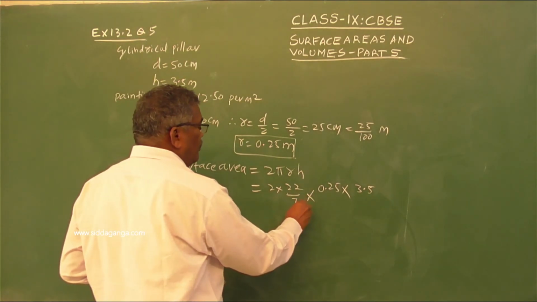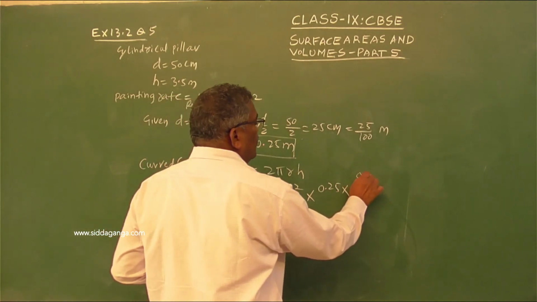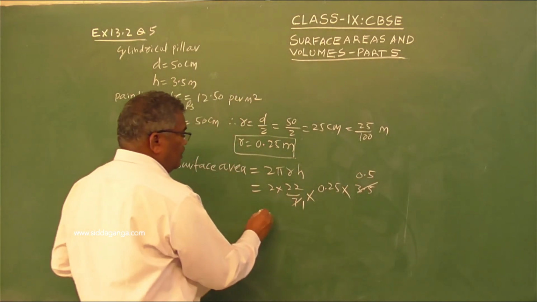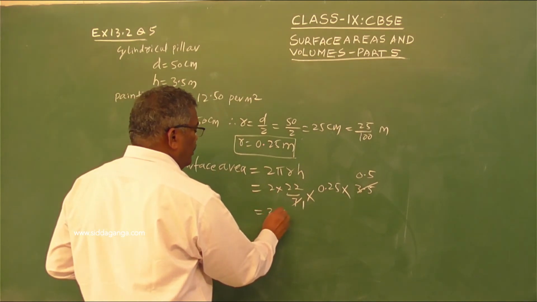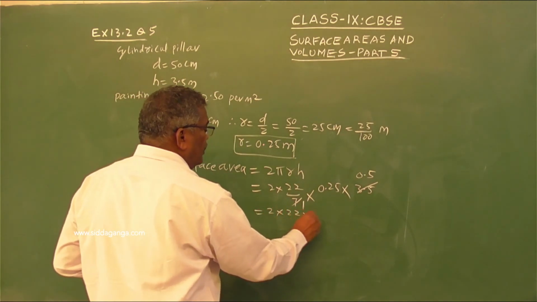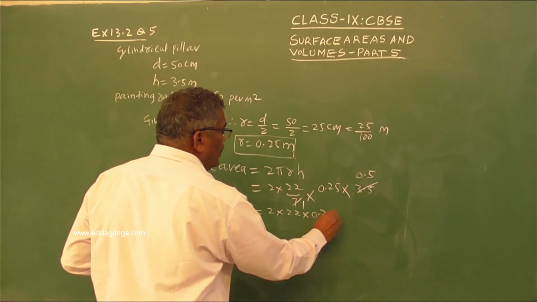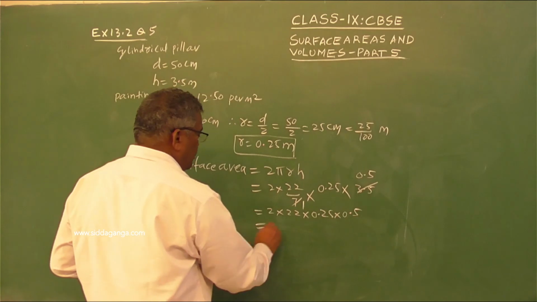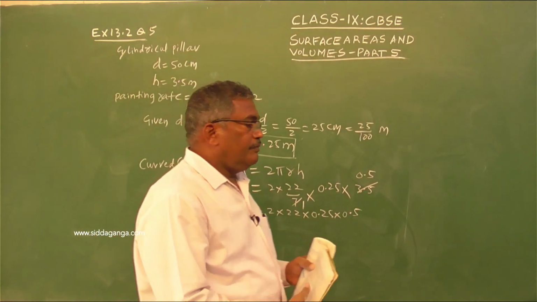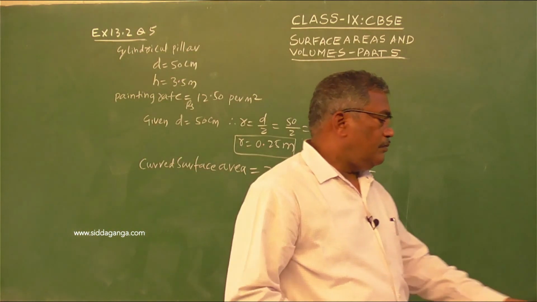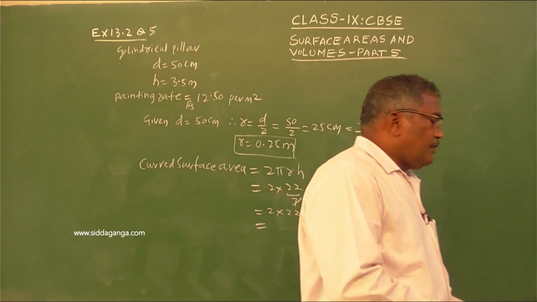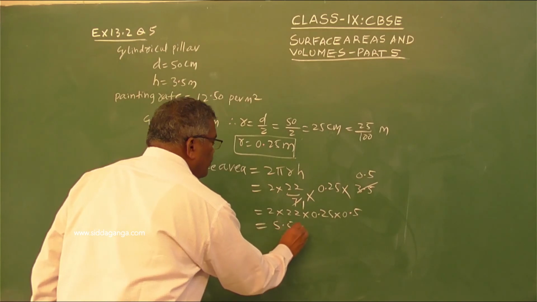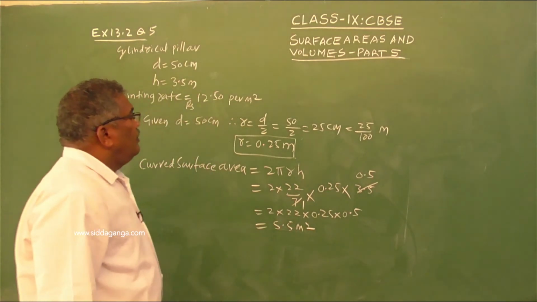So 7 ones are 7. So this is 2 into 22 into 0.25 into 0.5. This equals 5.5 meter square.